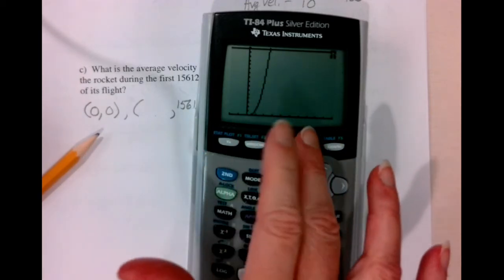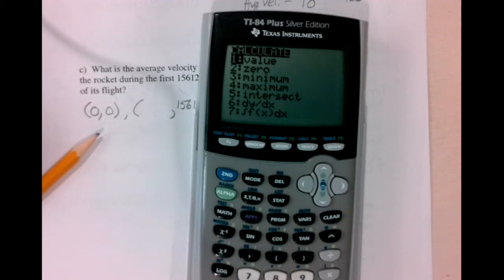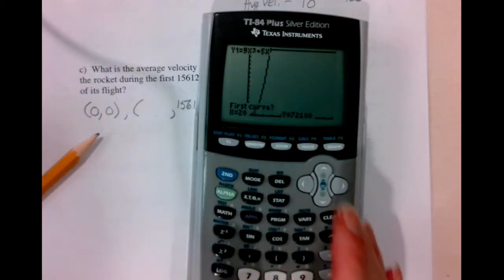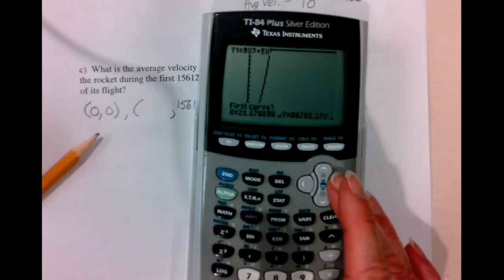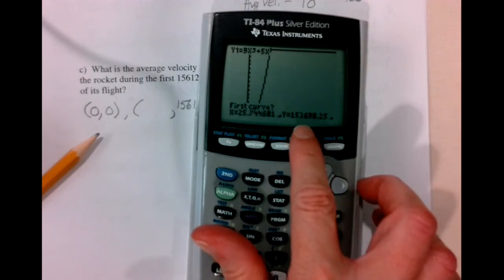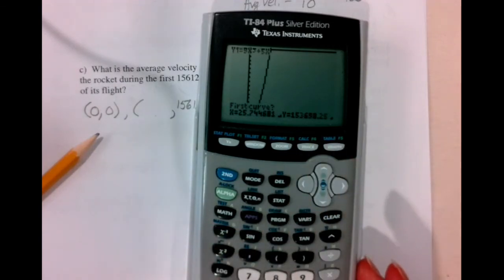Let's try it. Second trace gets you the calculate menu, and we want the intersection feature, which is number 5. So the first curve, it is on the quadratic, and I want to make sure I am up close to that 15,000. So I'm watching my y values here until I'm close to that 15,000. Then I hit enter.